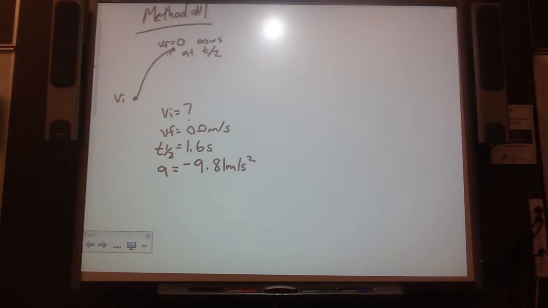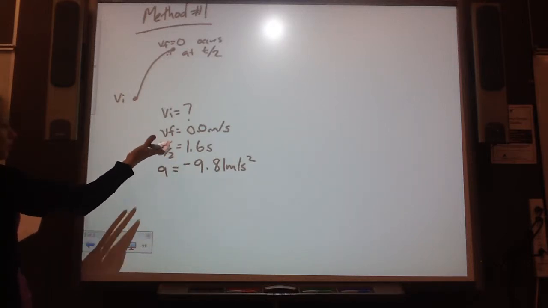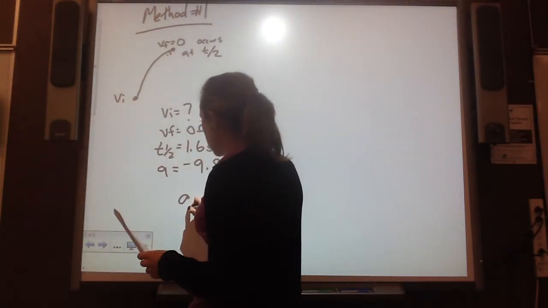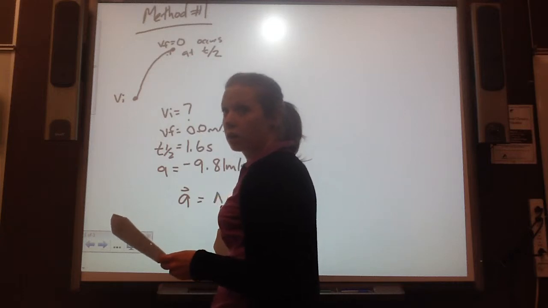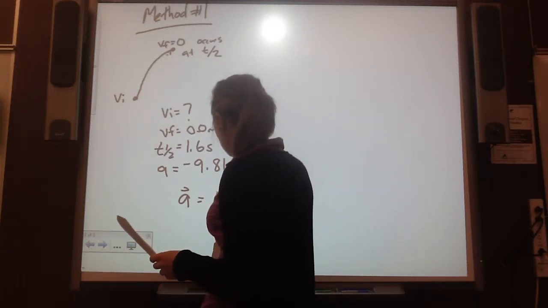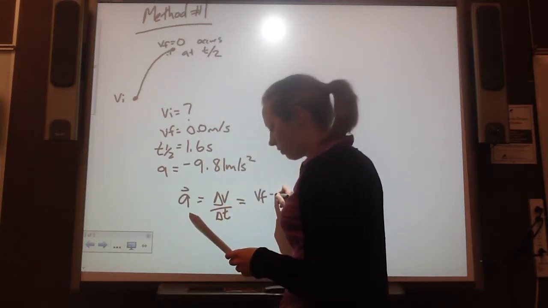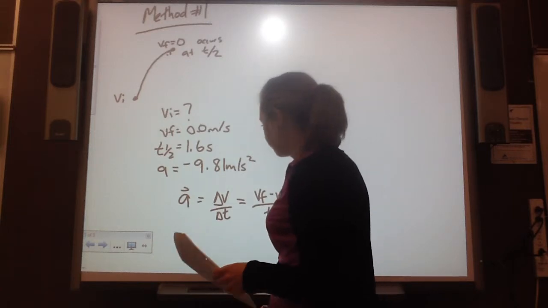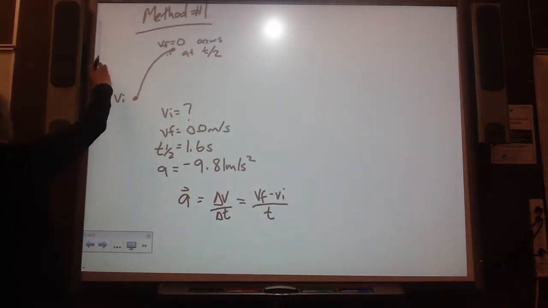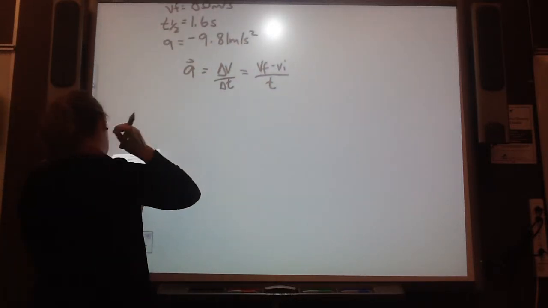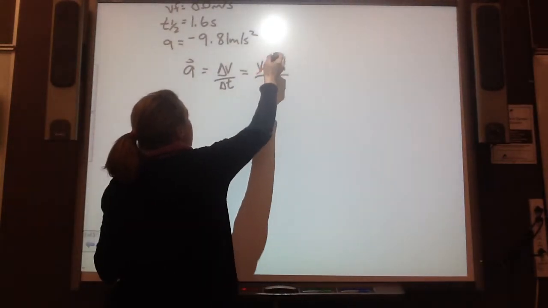So what formula involves A, T, VI, and VF? Remember there's that formula: A equals delta V over delta T, because we know that delta V really means VF minus VI. I can cross off my VF because that's 0.